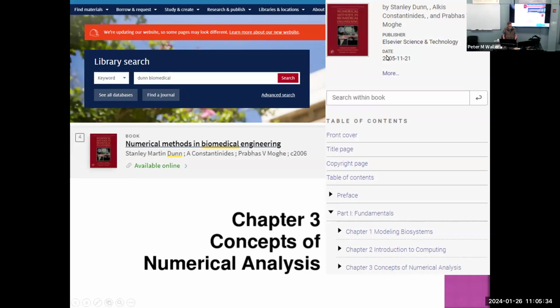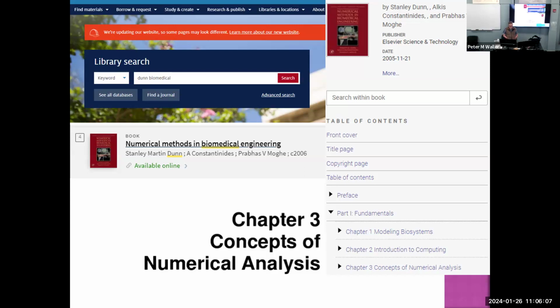And this information is from Numerical Methods in Biomedical Engineering. So we're switching now from the Math Insights website to this book, just for a short time. It has a very nice chapter called Concepts in Numerical Analysis, where he goes over many types of Taylor series, finding derivatives, subtracting Taylor series from Taylor series, and so on.